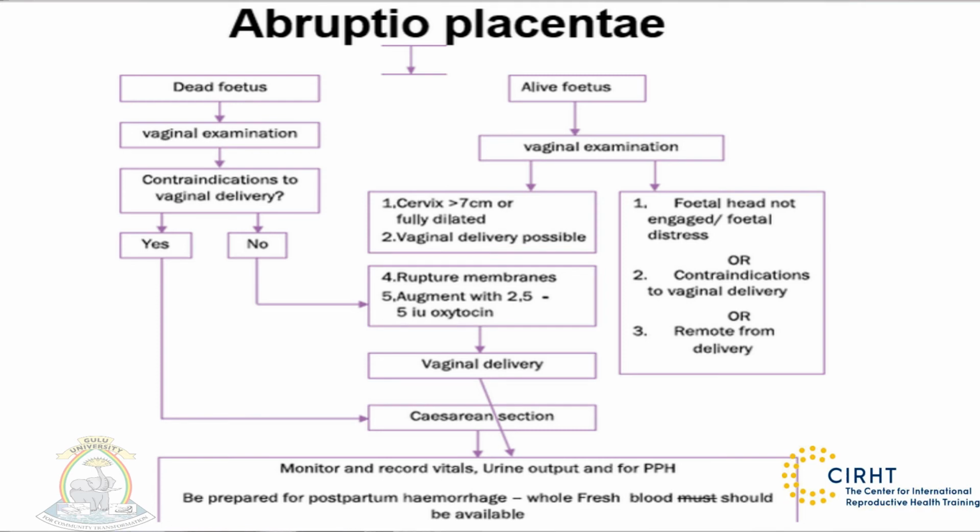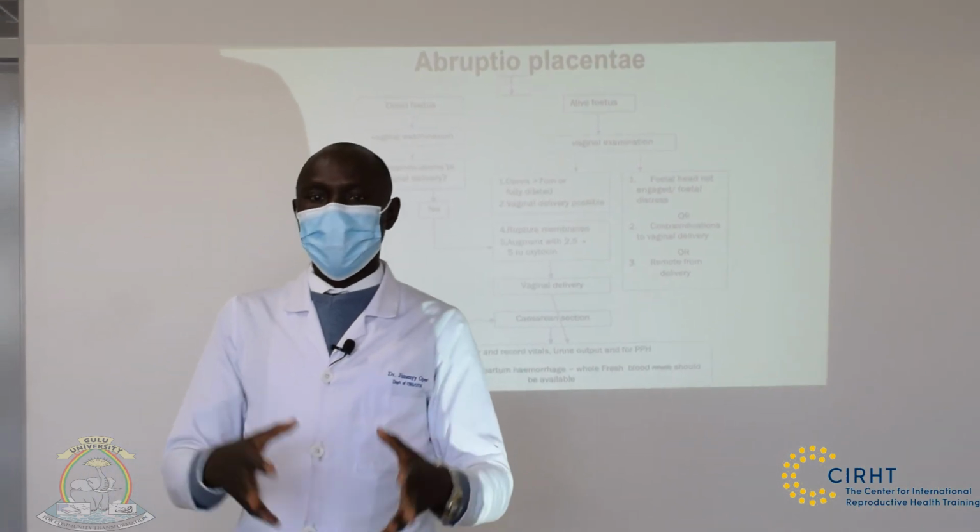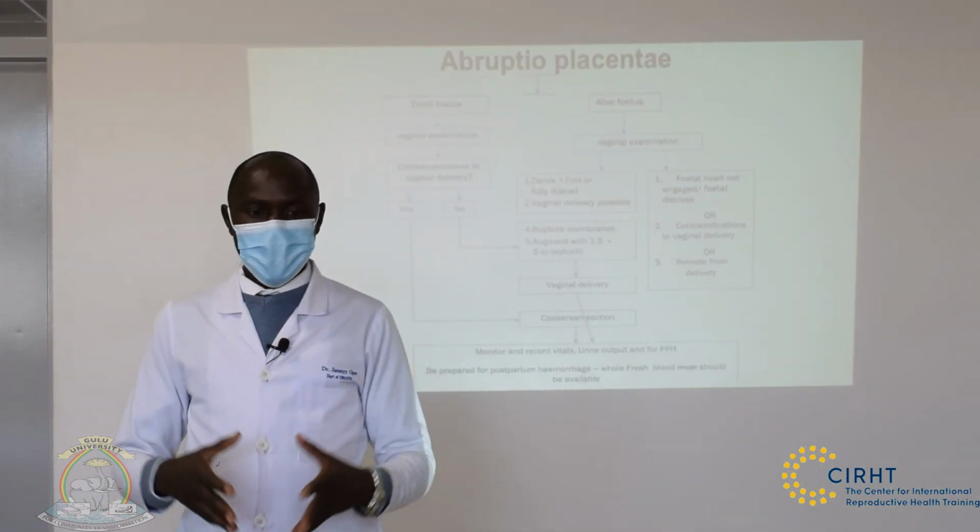And if the fetal head is not engaged, or the fetus is in distress, or there is a contraindication to vaginal delivery, or this fetus is remote from term, what do you do? You make sure you optimize the mode of delivery and deliver this baby.